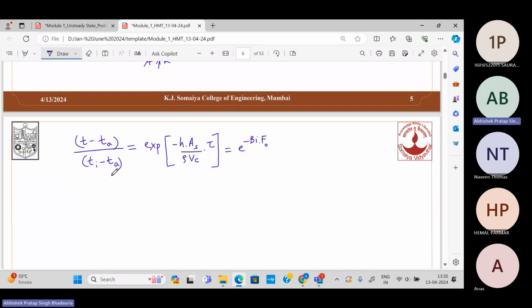So either we can apply this expression or we can apply this expression. It is up to us.